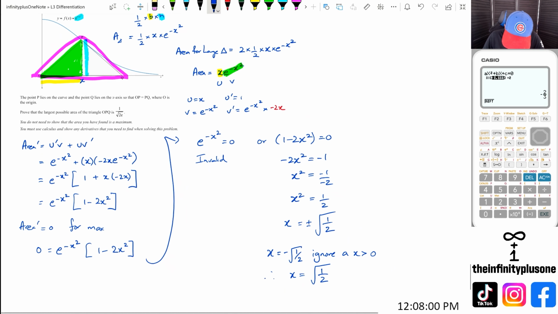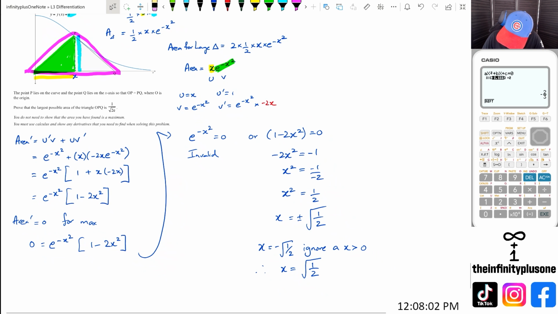So we need to figure out what the area is. We're going to go back to the original area function, which is x times e to the power of negative x squared. So we are going to get x, which is equal to square root of 1 over 2. Let's just do it all in one shot.